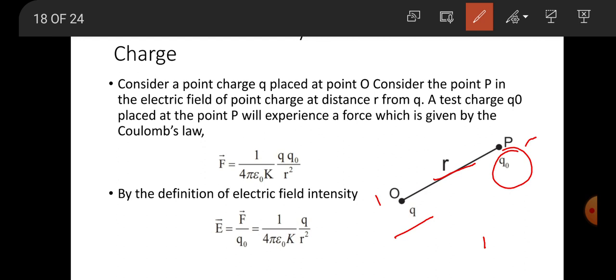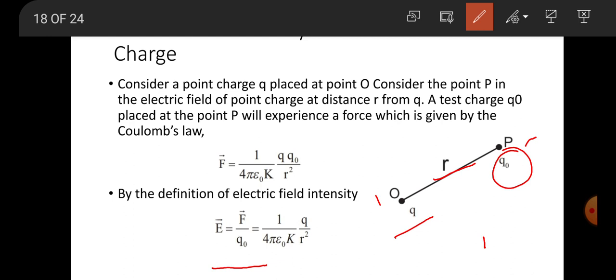Because these two charges are separated by a certain distance, each charge exerts a force on the other. So we apply Coulomb's law here, and the force, which is a vector quantity because it has direction as well as magnitude, is equal to 1 upon 4 pi epsilon naught, k Q Q naught upon r square.